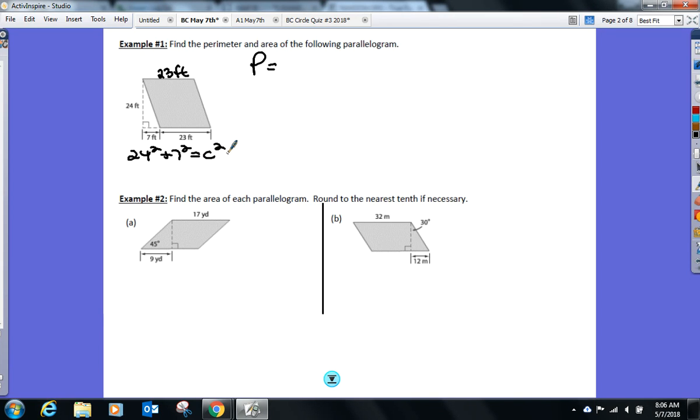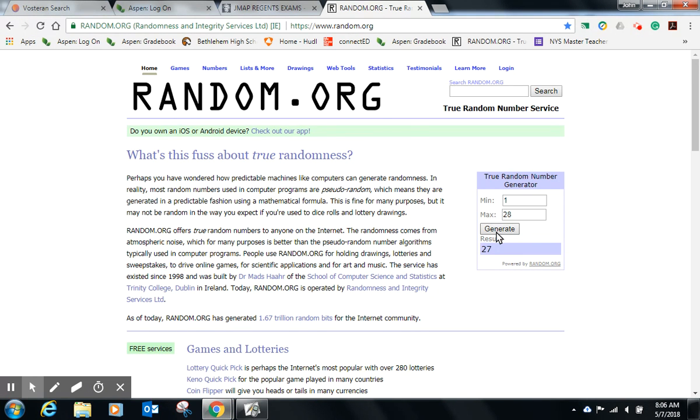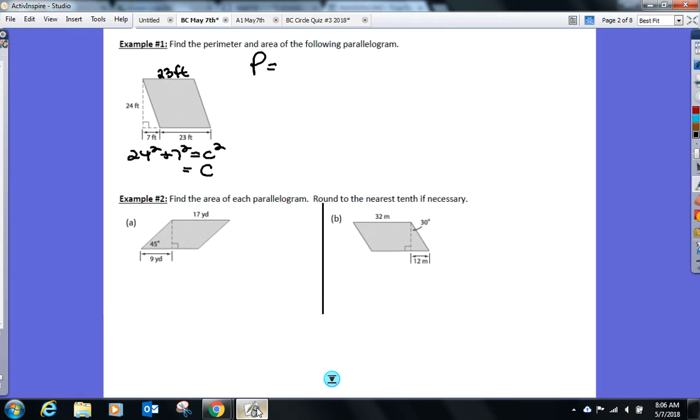Here you go. Let's roll. What's the other side length? 25 when you're ready. 25.